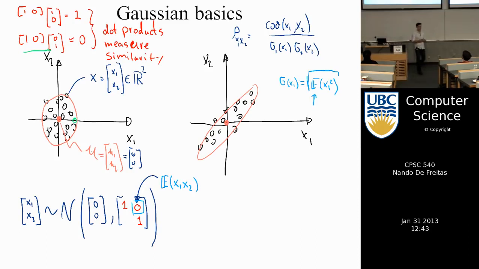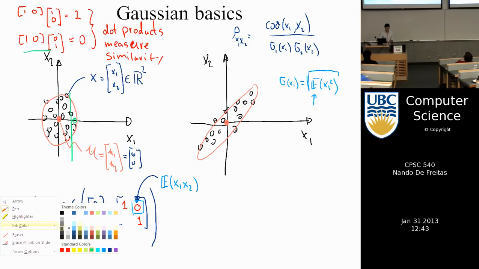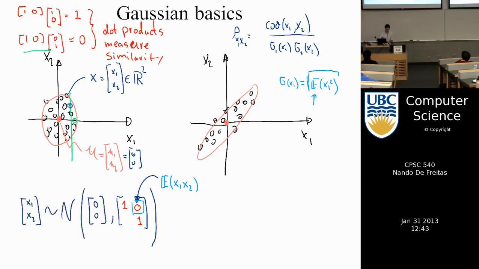Or put it another way, suppose I increase x1 and I go here, then my chance of getting a point x2 that is positive or one that is negative is the same. By knowing something about x1, I don't know better about x2. So they're uncorrelated. Information about x1 does not help me gain more information about x2.